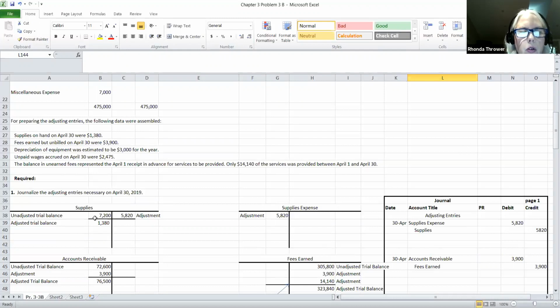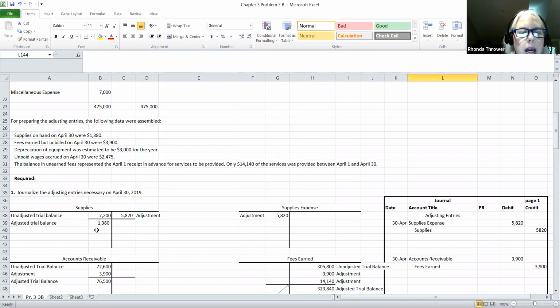The unadjusted trial balance amount is showing that you had $7,200 worth of supplies at some point in time during this year. Our additional data tells us that the supplies that we have left over now are $1,380.